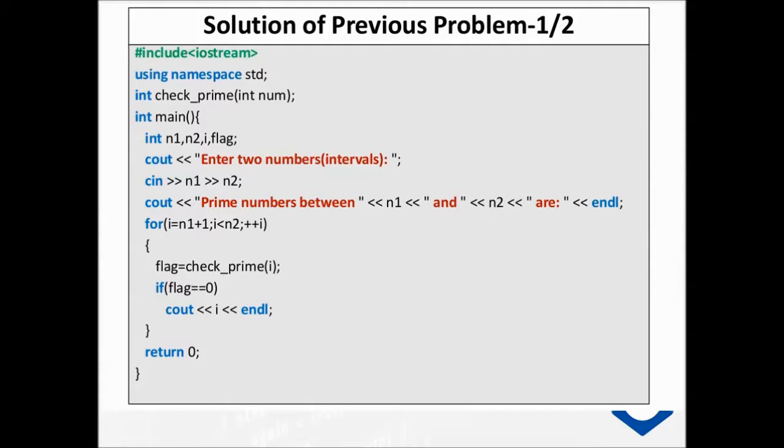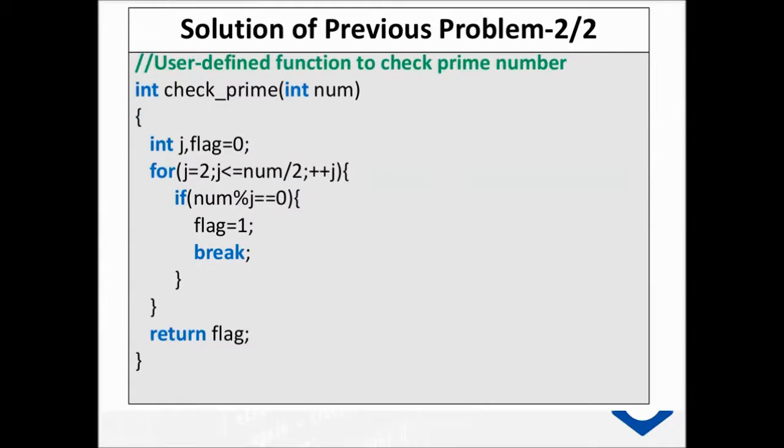Here is our check prime function. In the body of the check prime function, we declare int j and flag, flag is equal to 0, for j is equal to 2, j less than num divided by 2, j plus plus.